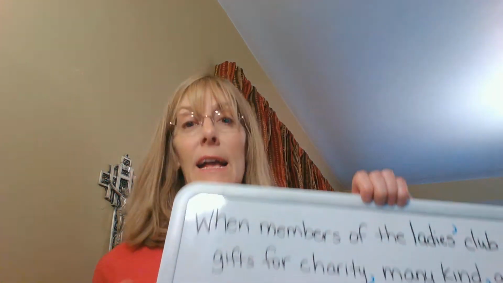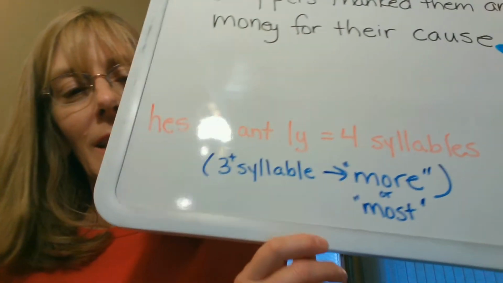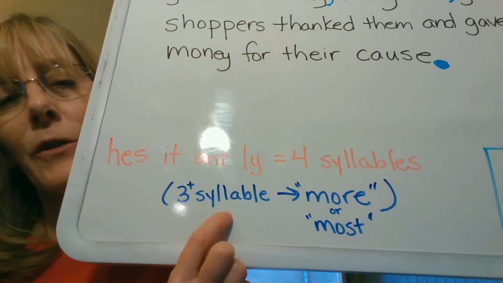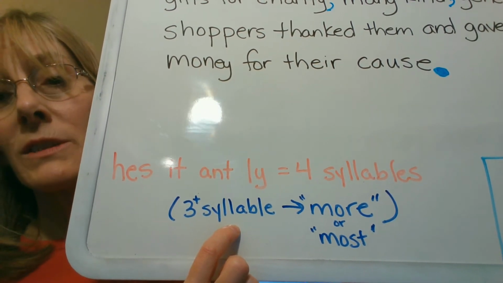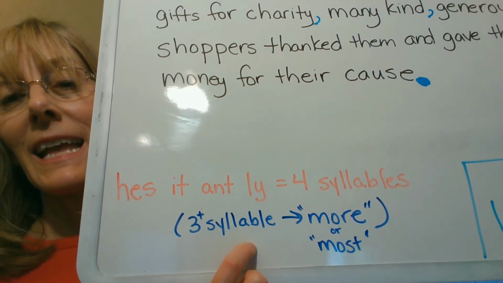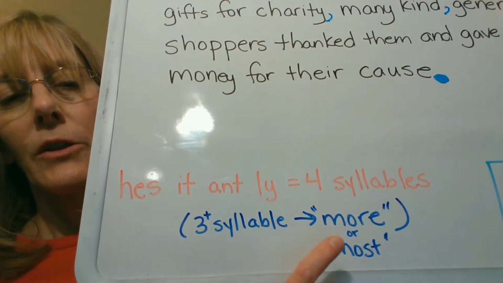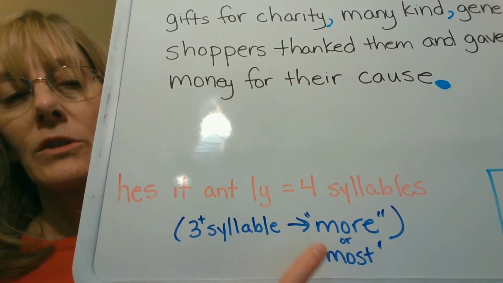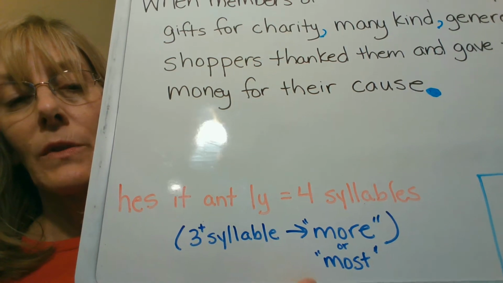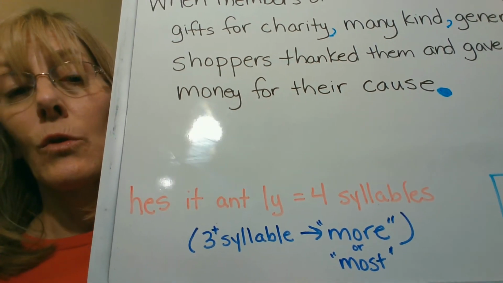Well, on page 38, it told us, actually, there was a rule down at the bottom of the page that said if your word is 3 or more syllables, instead of adding to the adverb, you would use more or most. More if you're comparing two things, most if you're comparing two or more things.